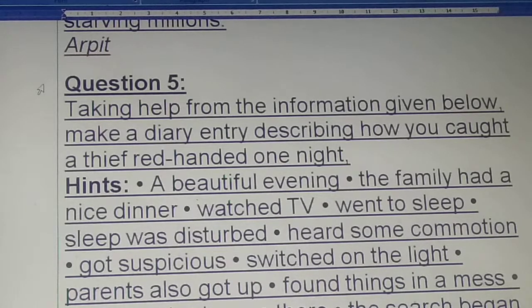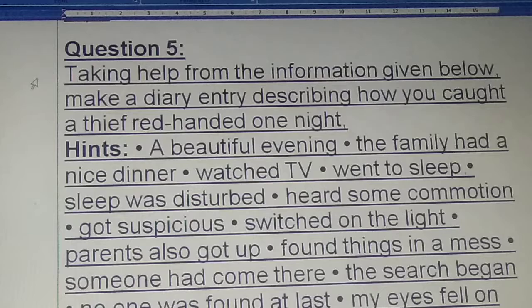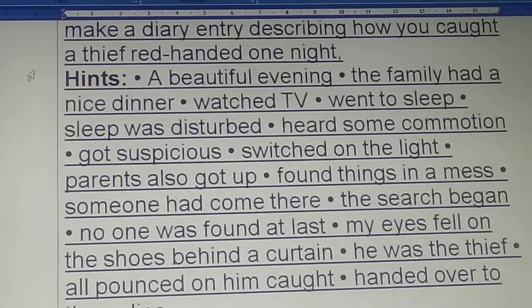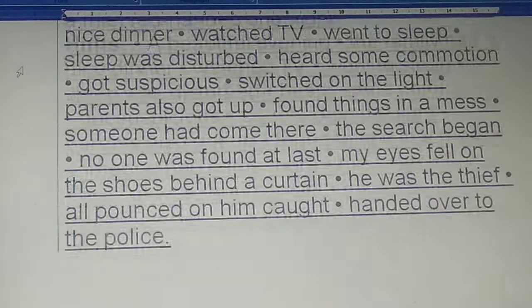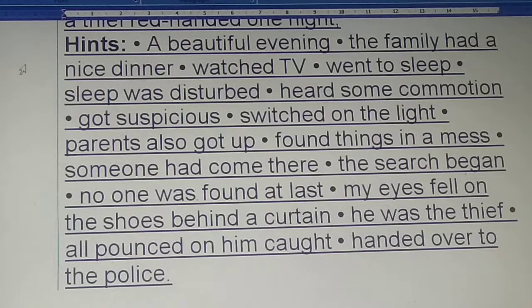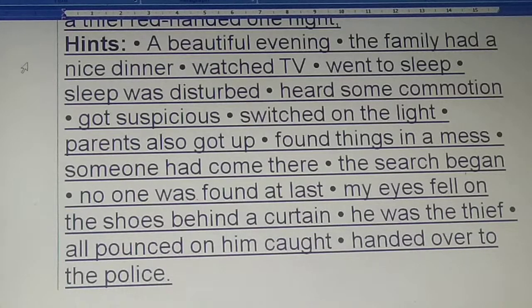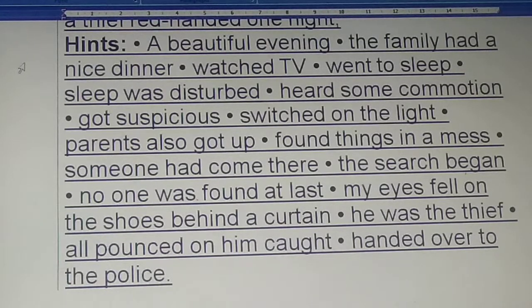Taking help from the information given below, make a diary entry describing how you caught a thief red-handed one night. A beautiful evening. See, some hints are given so that it will help you to write the answer. Go through the hints, children. Read the hints very carefully. That will help you to write the answer.